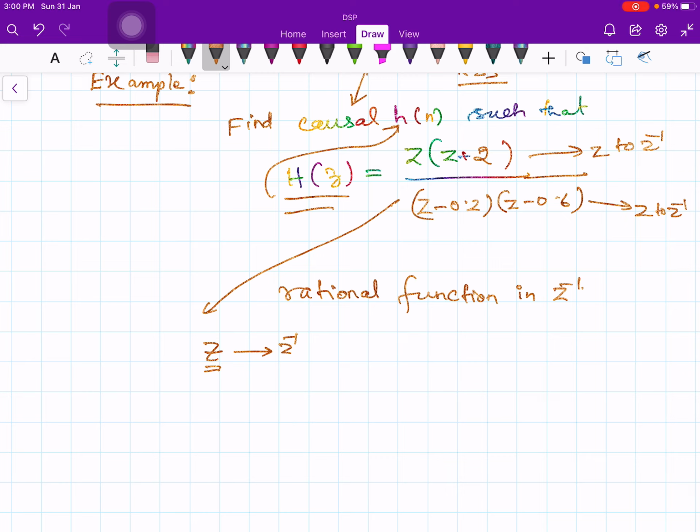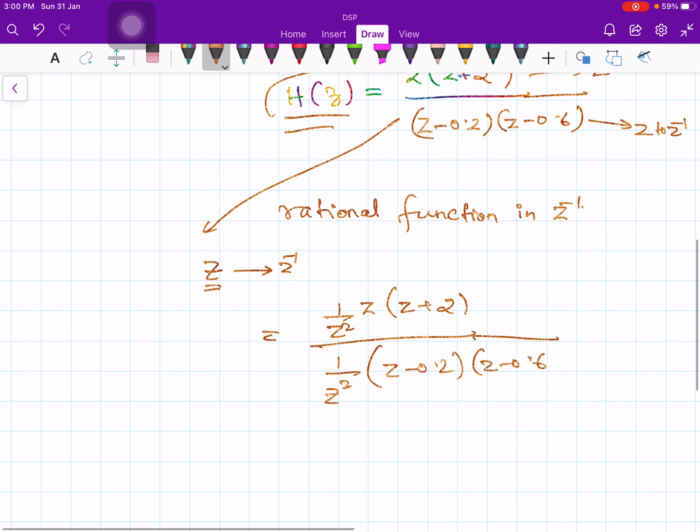Then it becomes 1 by z square times z times z plus 2, divided by 1 by z squared times z minus 0.2 multiplied by z minus 0.6.